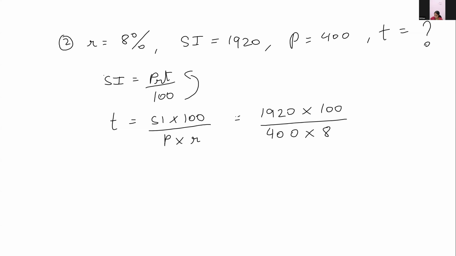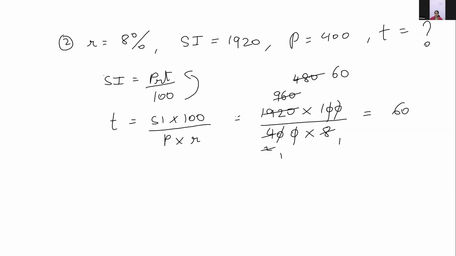Cancel. 60 you will get. Okay. So this is 60. It cannot be 60 years.